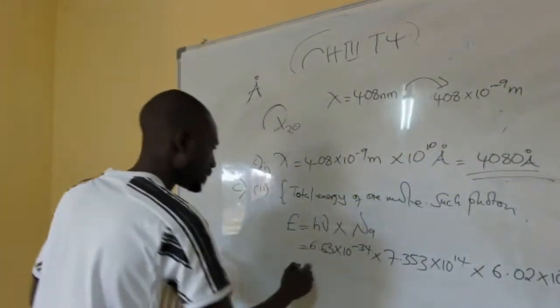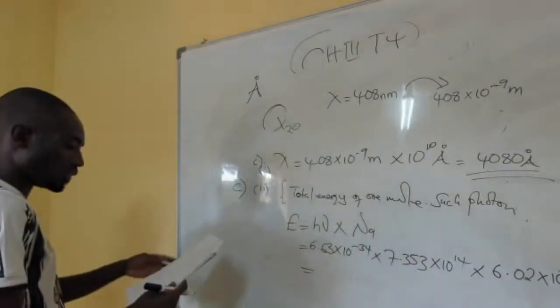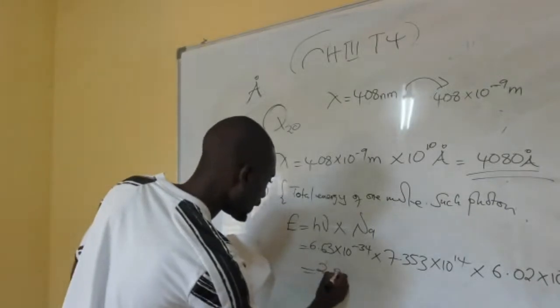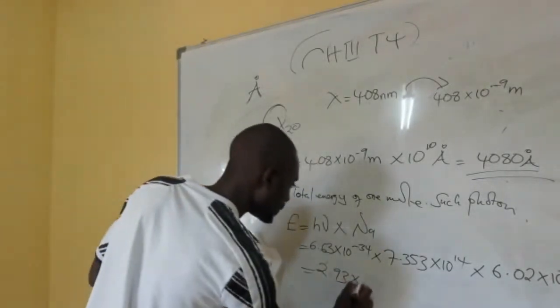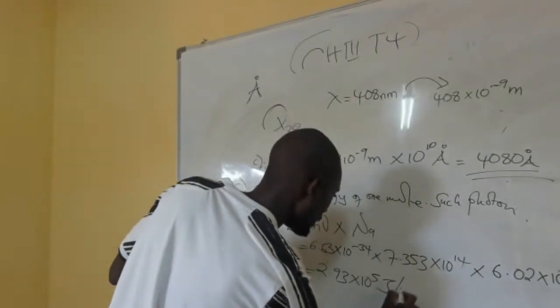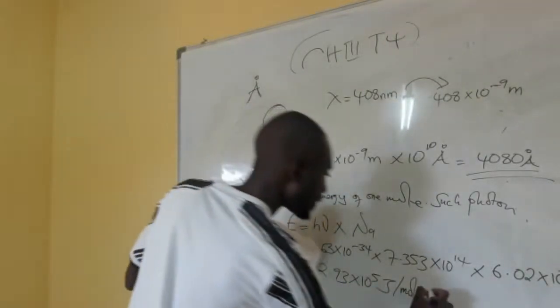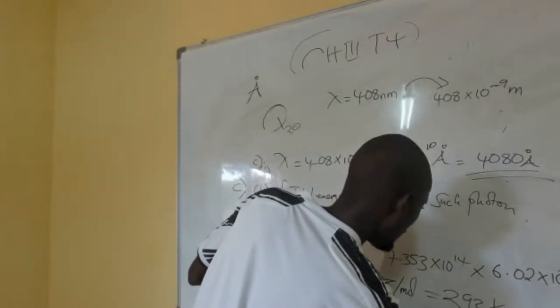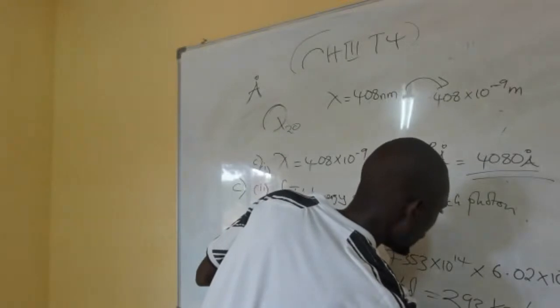Once we have that, we can simply say 2.93 times 10 to the power 5 J per mole, or simply 293 kJ per mole.